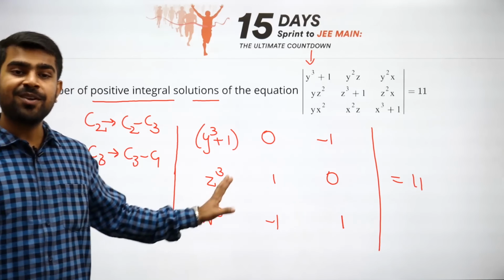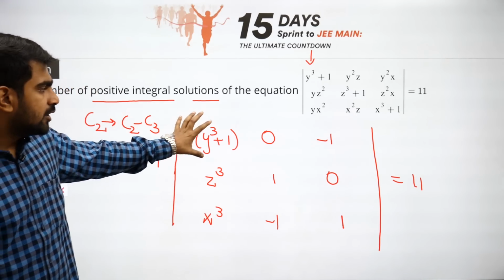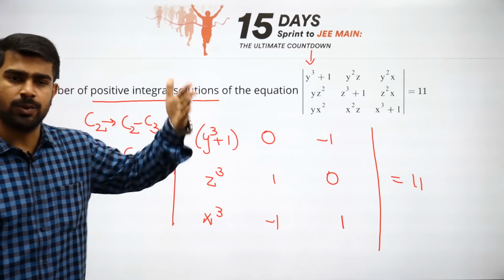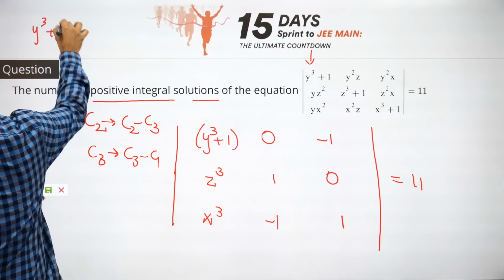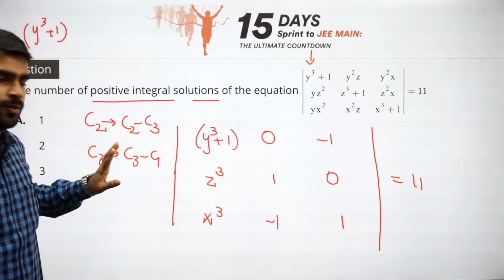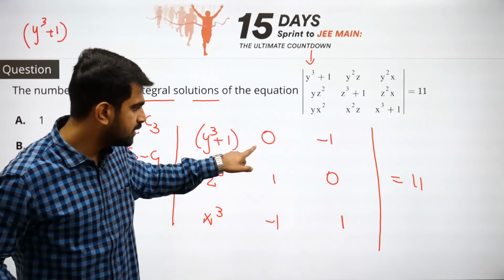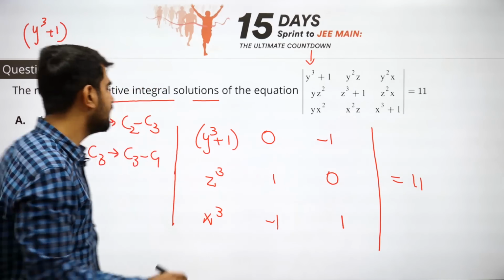Okay, perfect. Now we have got something very nice. So now we have almost arrived at the answer, guys. So this is my final expression. Let me open it now. So what will that be? That will be y cube plus 1 times 1 minus 0. That's it. And this I can't open because it's 0 anyway. Now the third one, when I open it, what do I write?